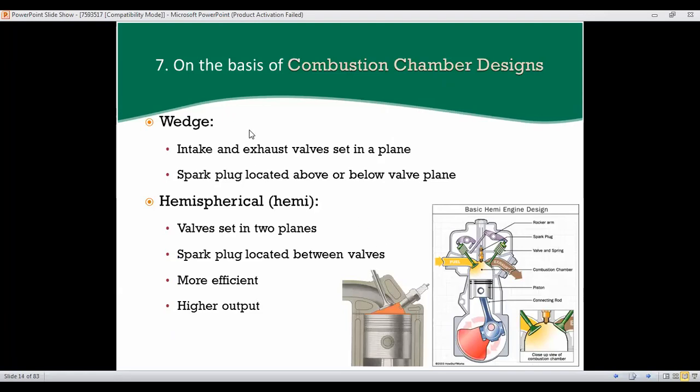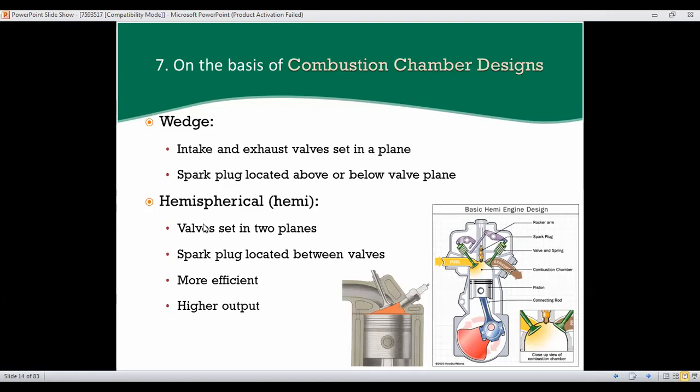Now on the basis of combustion chamber design: bathtub design and hemispherical design. In the bathtub design, intake and exhaust valves are set in a plane, with the spark plug located above and below the valve plane.